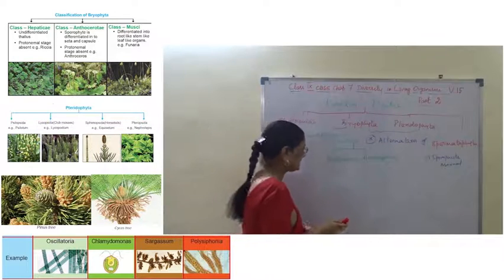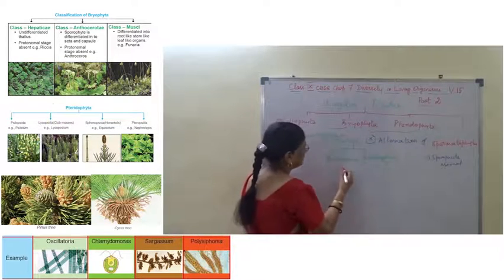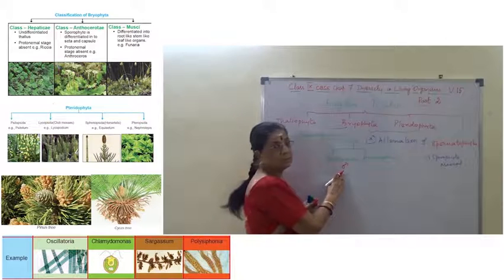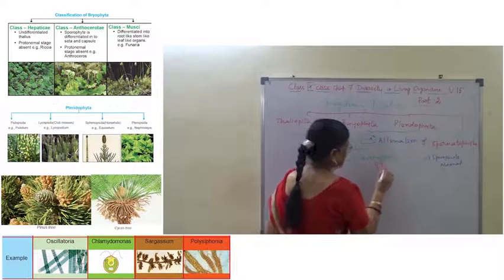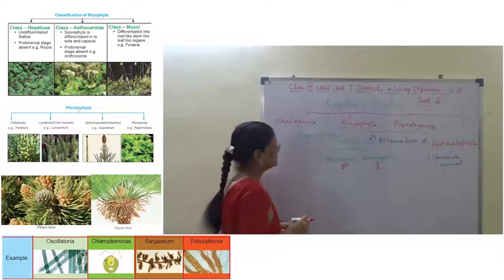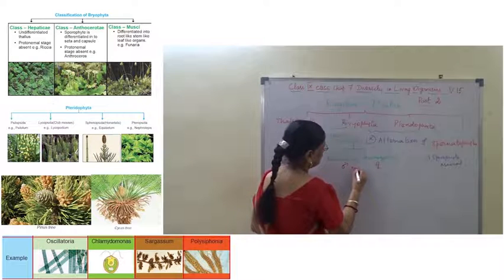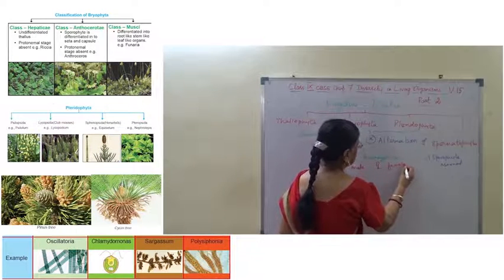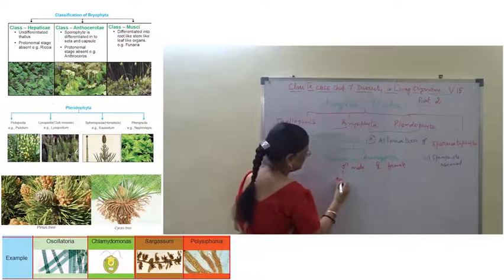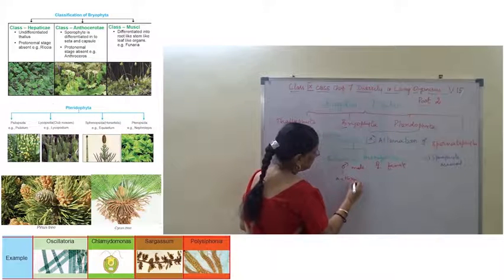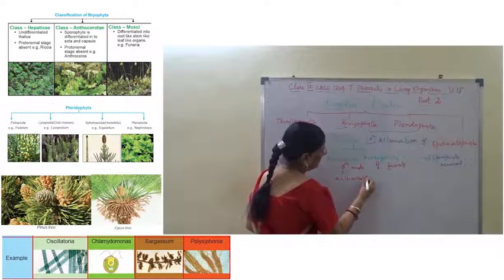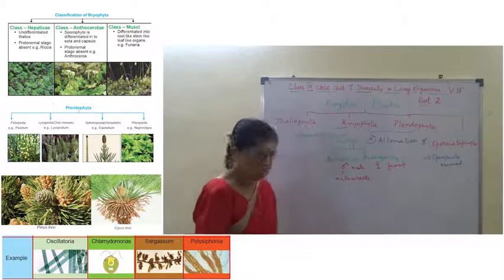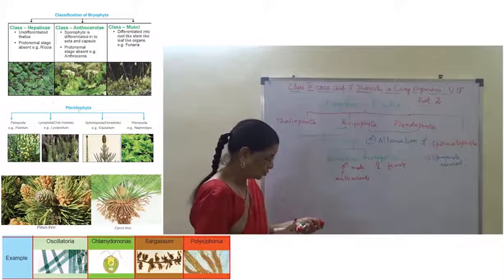So now this antheridium is male, in the symbol of the male, and this one is female, right? And this antheridium produces antherozoids. We do not say sperm, it is antherozoids.